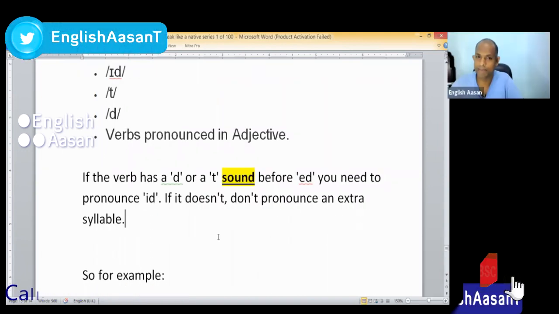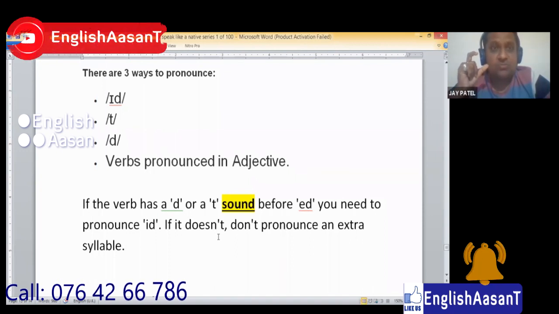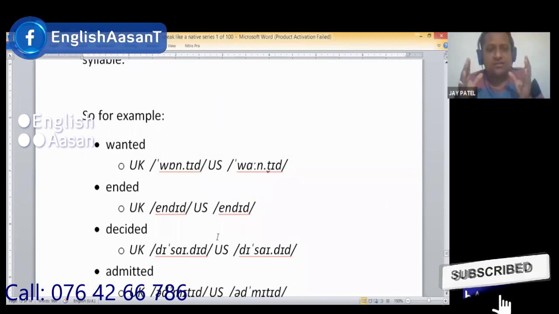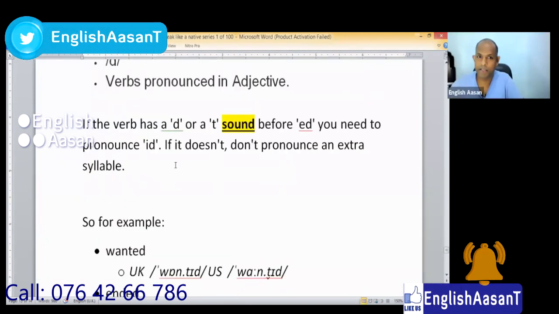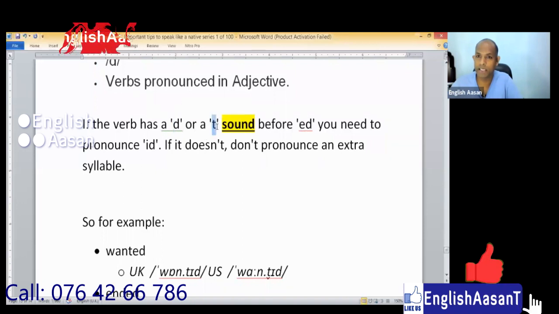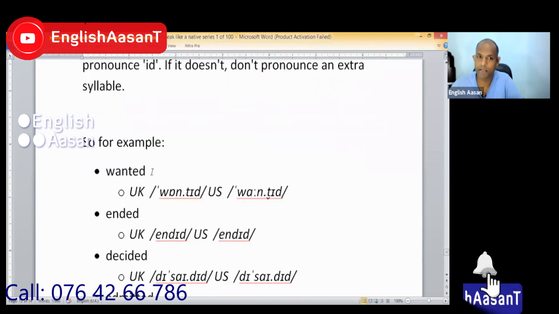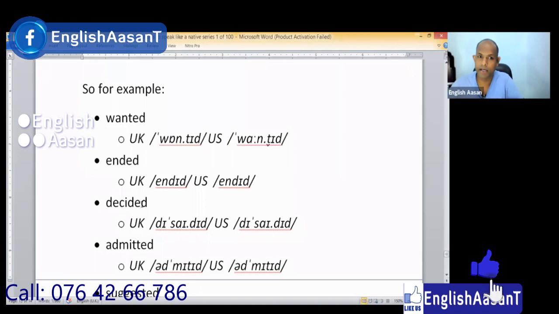Sir, how can we finalize which word we need to speak that way? How can we finalize which word we need to speak like the way you are speaking? It's very simple. As I mentioned here, the word that has D or T sound, not letter, but sound. You can see here, want is okay, and is okay.